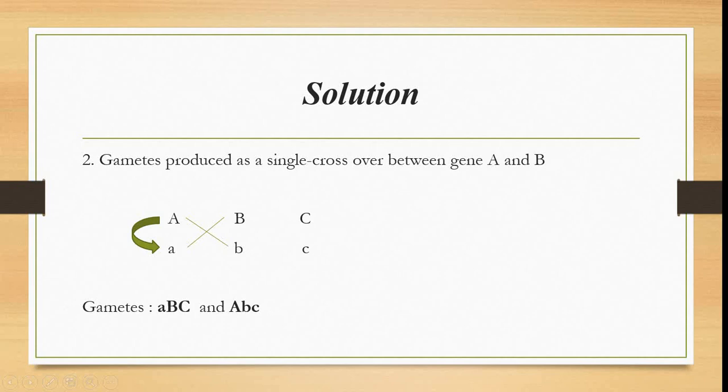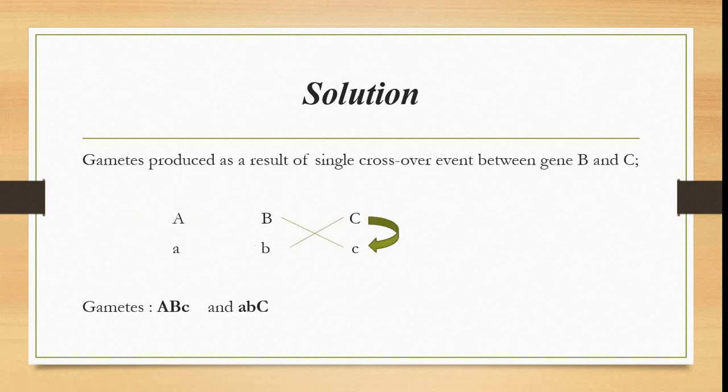When the small a goes up, it recombines with capital B, capital C, which are not moving. So we get small a, capital B, capital C for one gamete. When the capital A comes down, it combines with small b, small c, and you get capital A, small b, small c as the other gamete. So when a single crossing over occurs between gene A and B, the gametes formed are small a, capital B, capital C, and capital A, small b, small c. That is how we go about it.